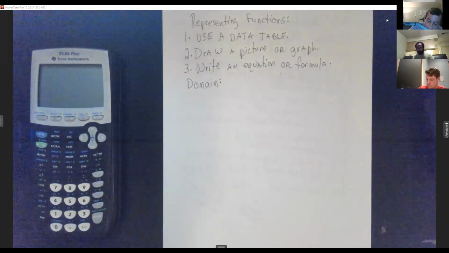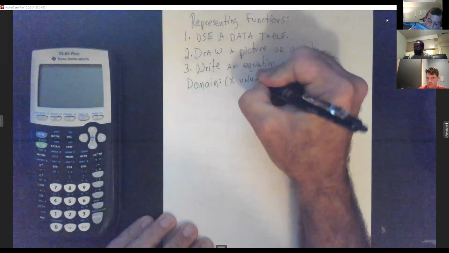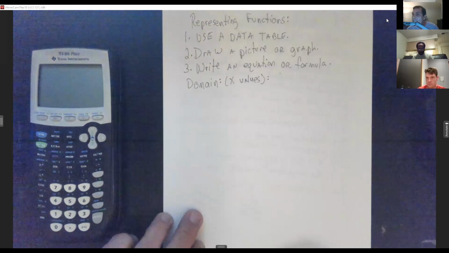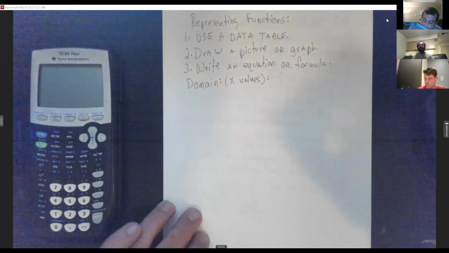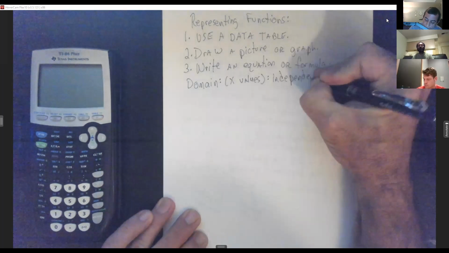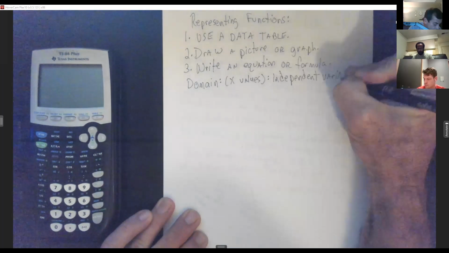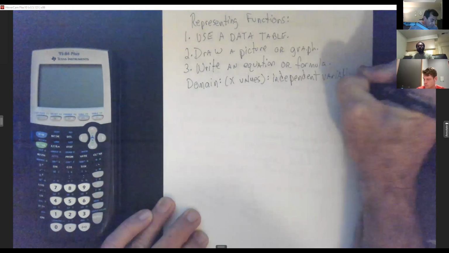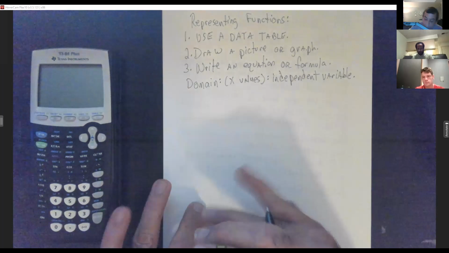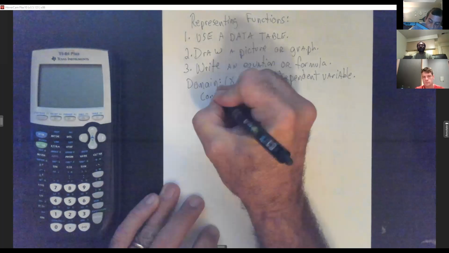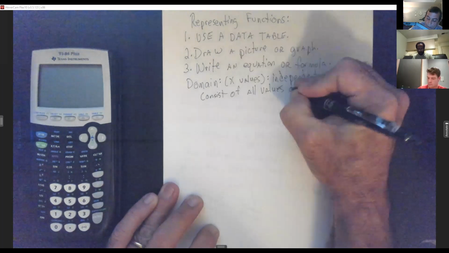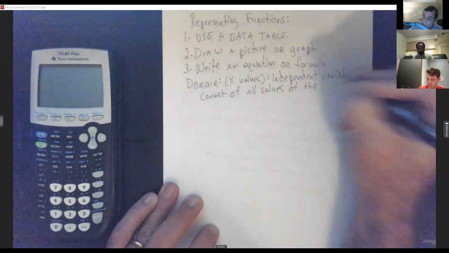So it's going to be your x values, which is also the independent variable. Okay, which means our domain is going to consist of all values of the independent variable.